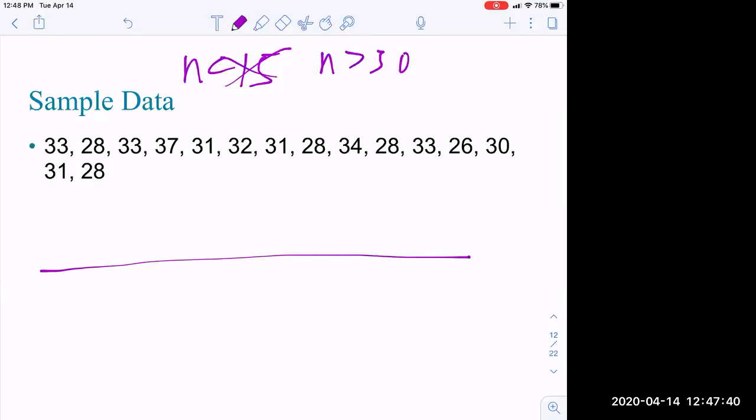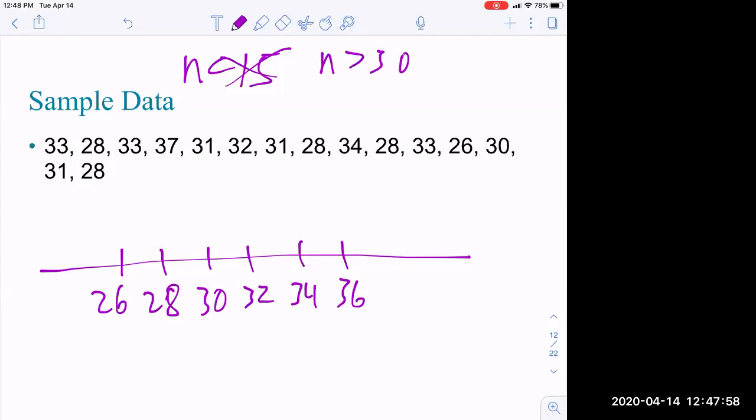So let's see, what are we going from? Smallest is something like 26. And I'm going to go by twos. And how far do I have to go? What's my biggest one? 37, so I need a 38. Okay, so I have a 33.